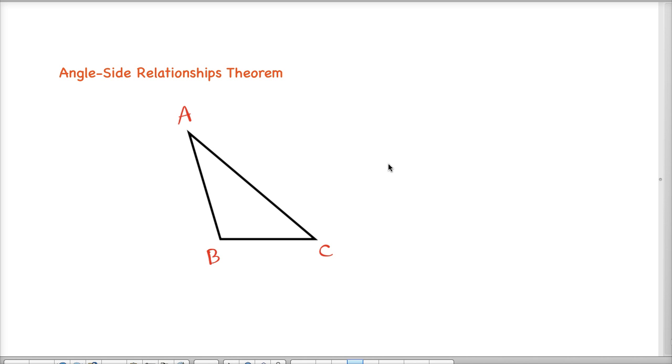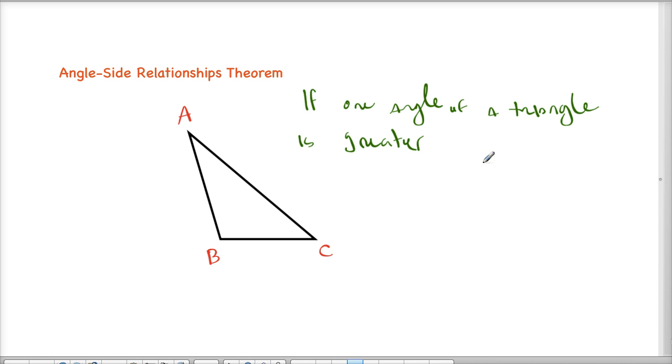Another theorem that we're going to talk about in this section is called the angle side relationships theorem. And this requires a comparison of two angles within the triangle. So this says if one angle of a triangle is greater than another angle, so if the measure of one angle is greater than another angle, so in this picture that we have here, how would I say this first statement?